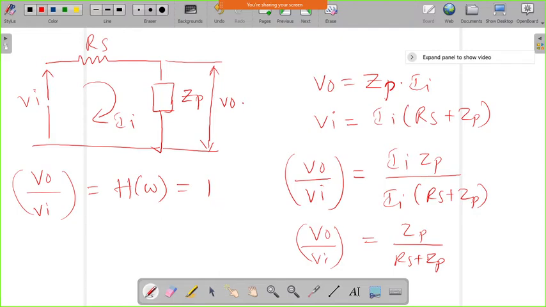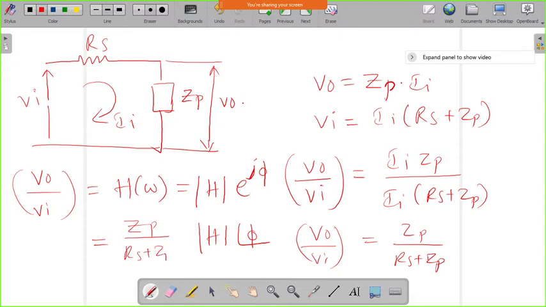We can define it as the magnitude of the transfer function, or frequency response, times e to the power j phi, or magnitude of H along with the phase phi. For this circuit it gives ZP by (RS plus ZP).